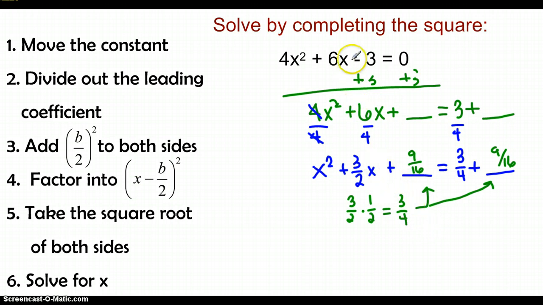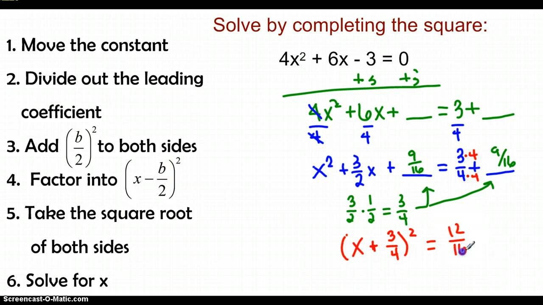So we want to factor the left-hand side, x squared plus 3/2 x plus 9/16, into the quantity of x plus 3/4 quantity squared. And we have to get our common denominator again. So multiply by 4, and we're going to multiply the numerator by 4.